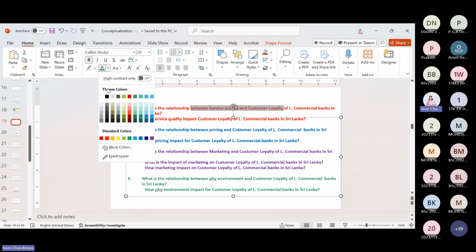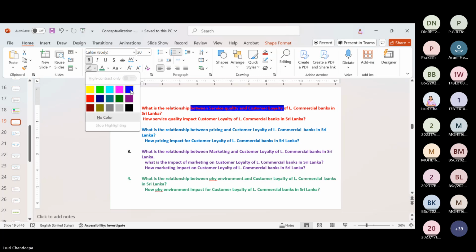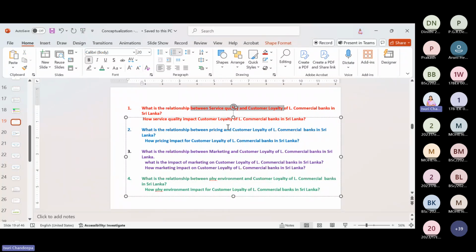The first one is regarding the service quality and the customer loyalty. The second one is regarding the customer loyalty and the pricing. The third one is regarding the marketing and customer loyalty. Fourth one is regarding the physical environment and the customer loyalty. So these are the questions.